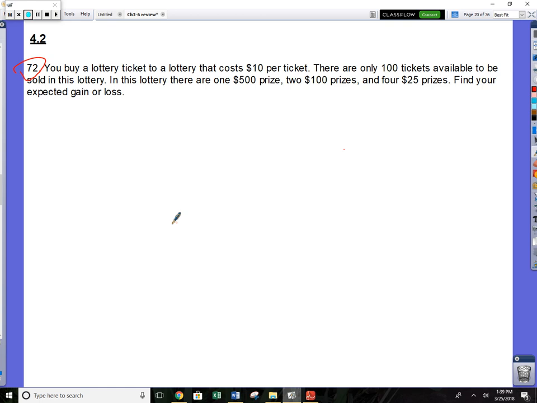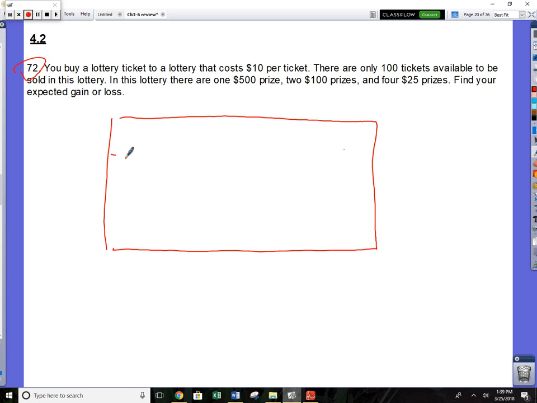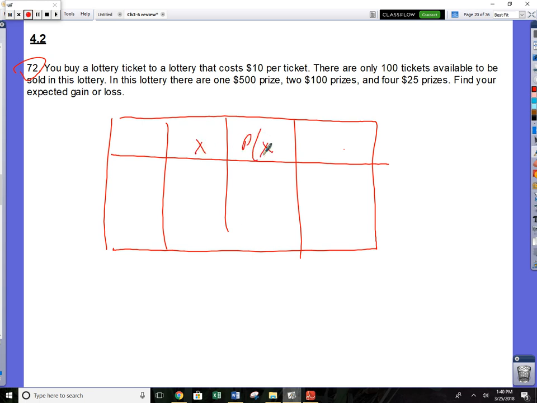So find the average. I'm going to do 3 columns. This is going to be x, this is going to be the probability of x, and this is going to be x times the probability of x.